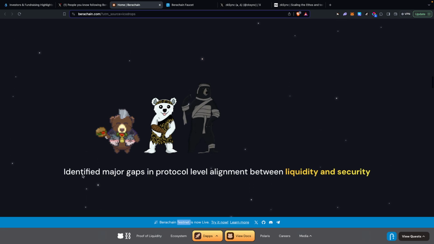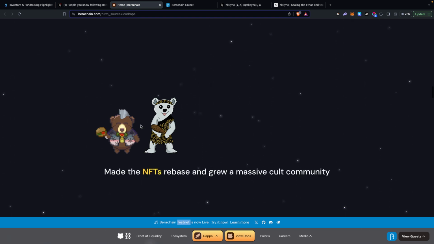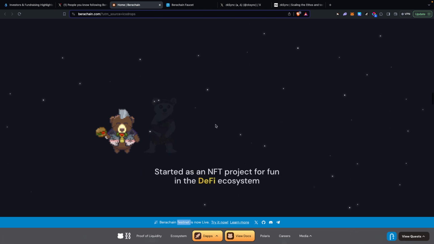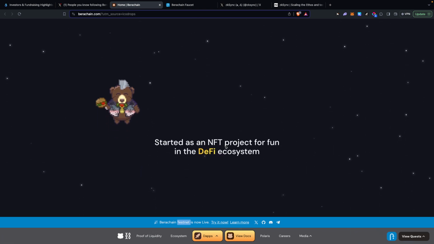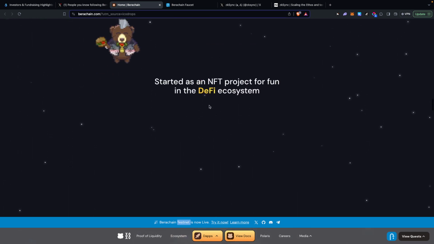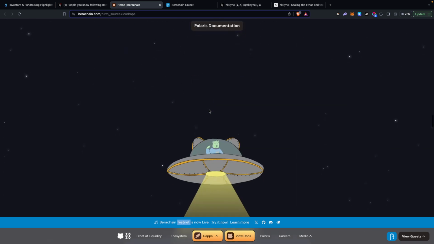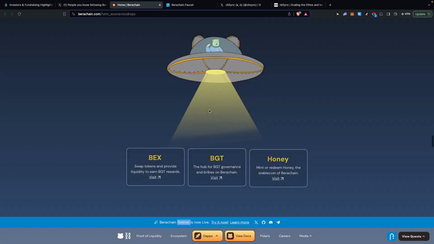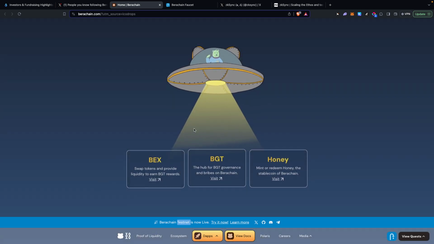So we have identified major gaps in the protocol level alignment between liquidity and security, made the NFTs rebase, and grew a massive cult community. Started as an NFT project for fun in the DeFi ecosystem. You see, they're now just giving you an introduction. So swap tokens, provide liquidity.